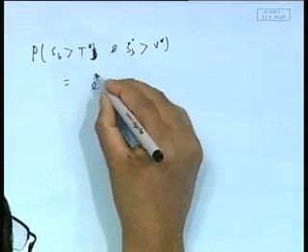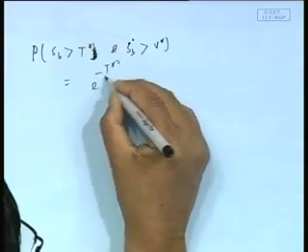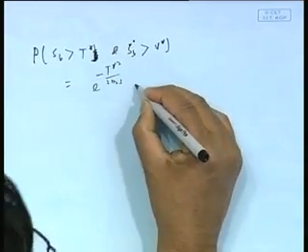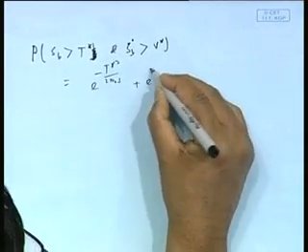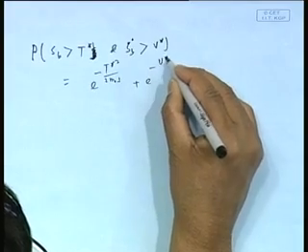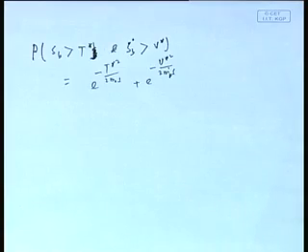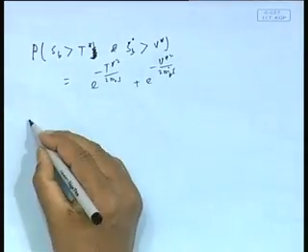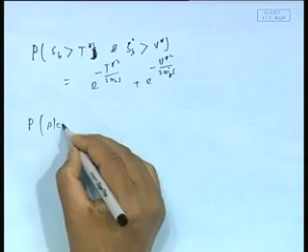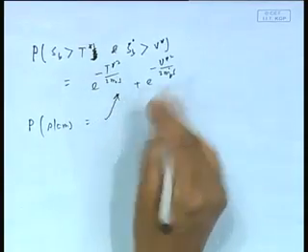It will be e power of minus T star square by 2 m0s plus e power of minus V star square by 2 m0s. So this I can find out. Once I find out this probability of slam, that is the chance of the slamming.